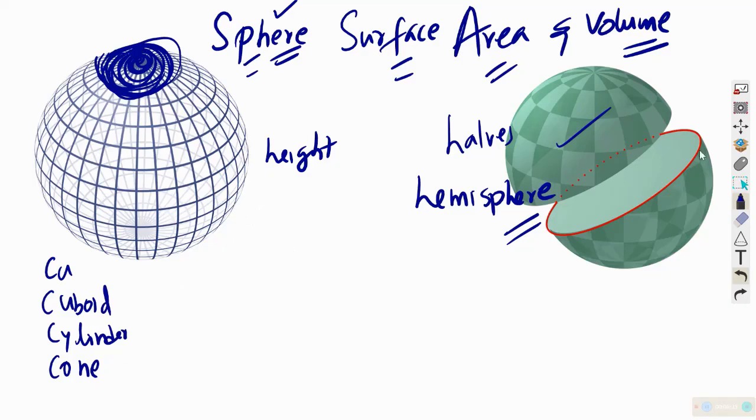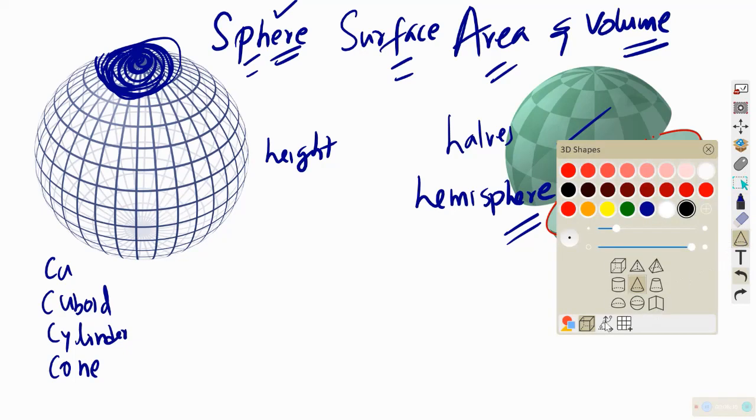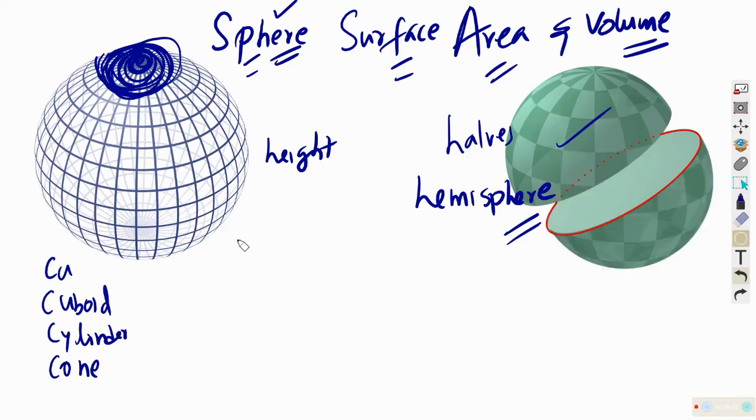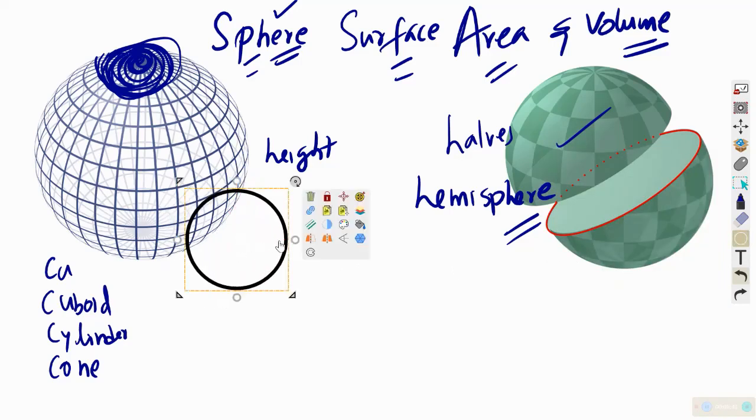Then the next thing is you need to draw 4 circles of the radius equal to the cricket ball.